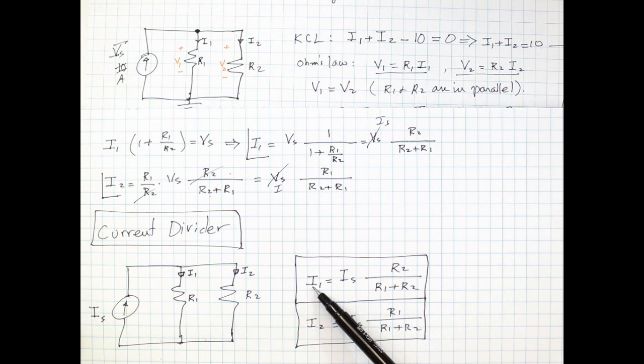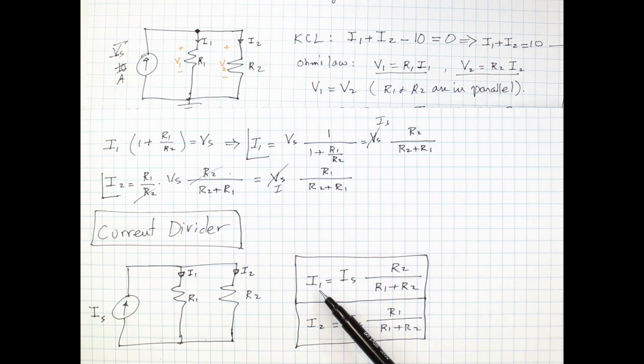So the value of I1 actually depends on the other resistor, and the value of I2 depends on the other resistor. So there's a lot of similarity between these two formulas. But anyway, here's the general formula, and you've got to realize for the current source the things are sort of crisscrossed.